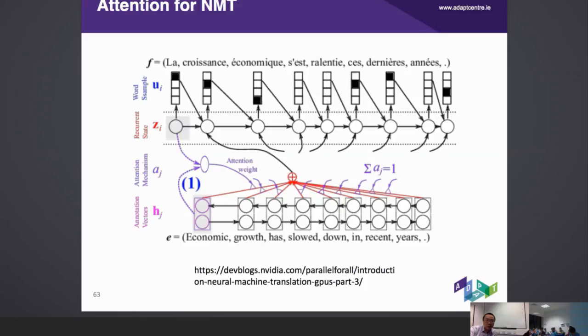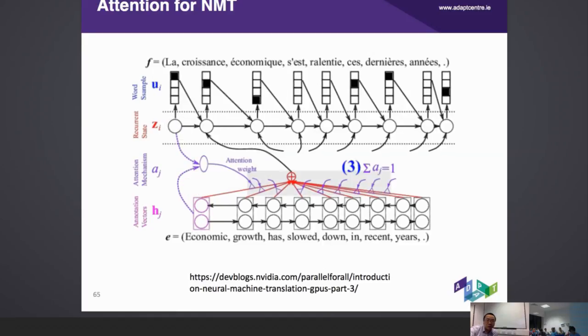To calculate the weight, we use another simple feed-forward neural network, which takes the input from the previous state and the current state, the context vector of the source word.